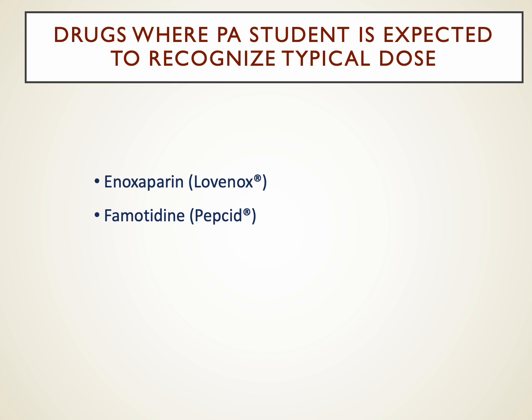For prophylaxis, we're talking about something like 30 to 40 milligrams once or twice a day, depending on the indication. Higher risk for thromboembolic events, such as knee replacement, means we give more Lovenox for prophylaxis. Sometimes you'll see 30 twice a day or even a little more than that, depending on the size of the patient, whereas most other DVT prophylaxis is 30 or 40 once a day with Lovenox.